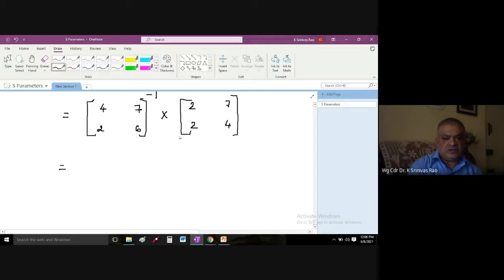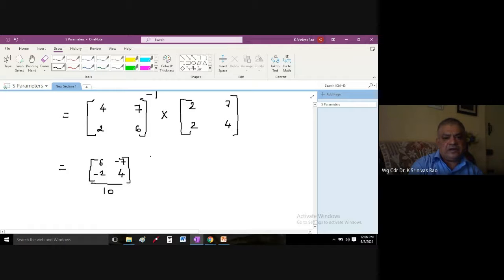We have to take the adjoint of a matrix divided by the determinant of the matrix. The adjoint of this matrix is obtained by interchanging 6 and 4, then changing the signs of the other two, and the whole thing is divided by the determinant of this matrix: 4 times 6 is 24 minus 2 times 7 is 14. So 24 minus 14 is 10, which is the determinant value.